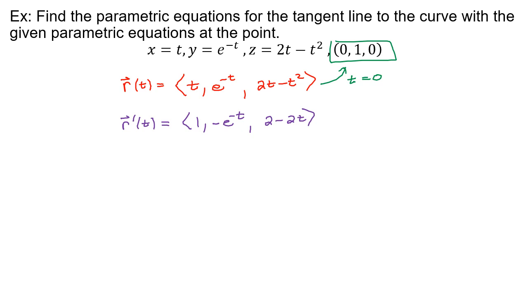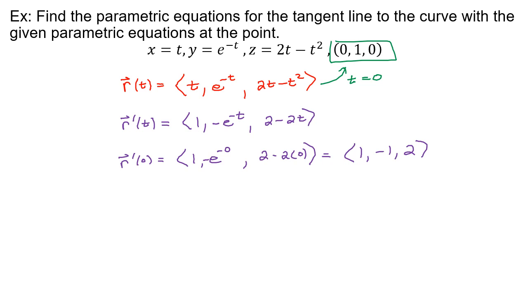So yeah, t equals 0 would be your parameter value. So I'm going to plug that into my derivative. So r prime at 0 would be 1, negative e to the negative 0, and 2 minus 2 times 0. So I have 1, negative 1, and 2 for my vector.